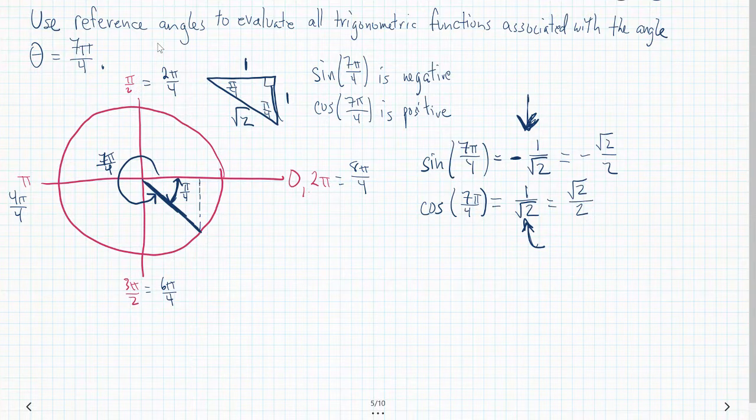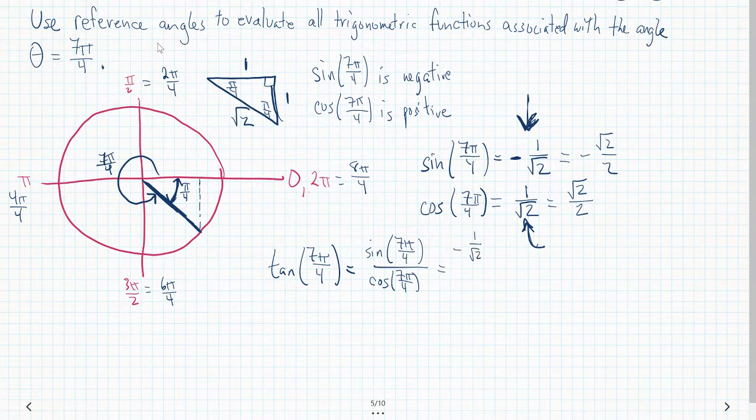Now, I'm going to focus on these two values to work with the rest. So if we want tangent of 7 pi over 4, on the tangent, notice sine is negative, cosine's positive, so I can go about it one way, sine of 7 pi over 4 over cosine of 7 pi over 4. Or I could do the opposite over adjacent thing, which I have 1, and just remember it's going to be negative. You could do it either way.